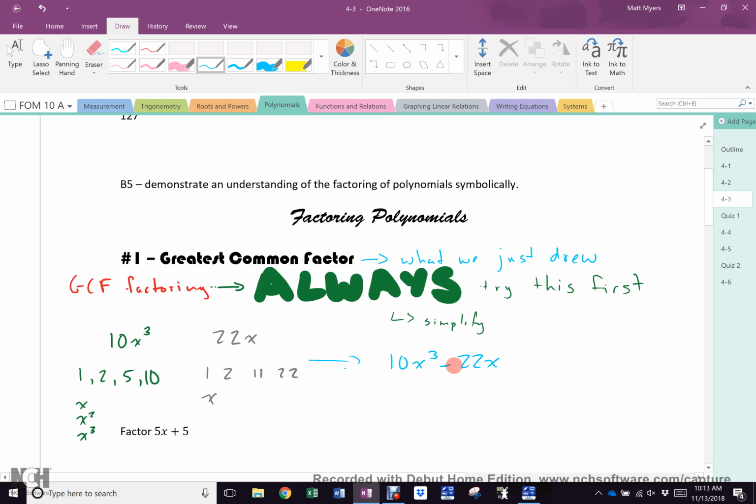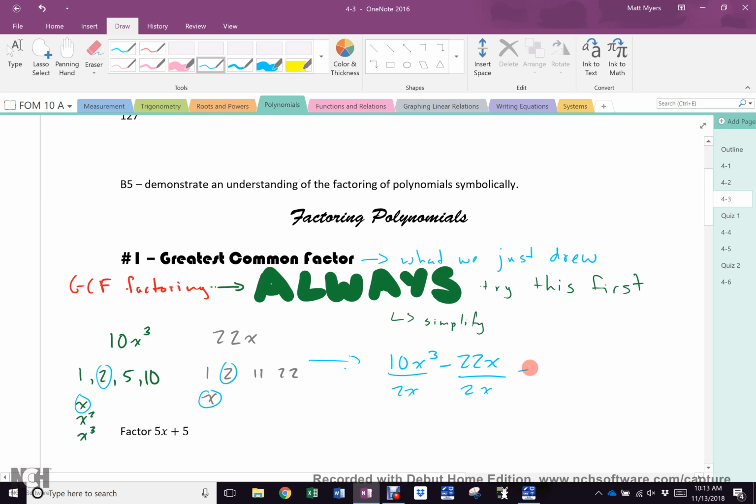So I must need a factor that works with both of them. What is it? 2, because you can see 2 is in both. I just gave it away, the next one. And what else is in both? A single x. Yeah? So what is our answer? This is where it gets tricky because this is where people screw it up. All of you see what math this is. What is it? What's 10 divided by 2? 5.